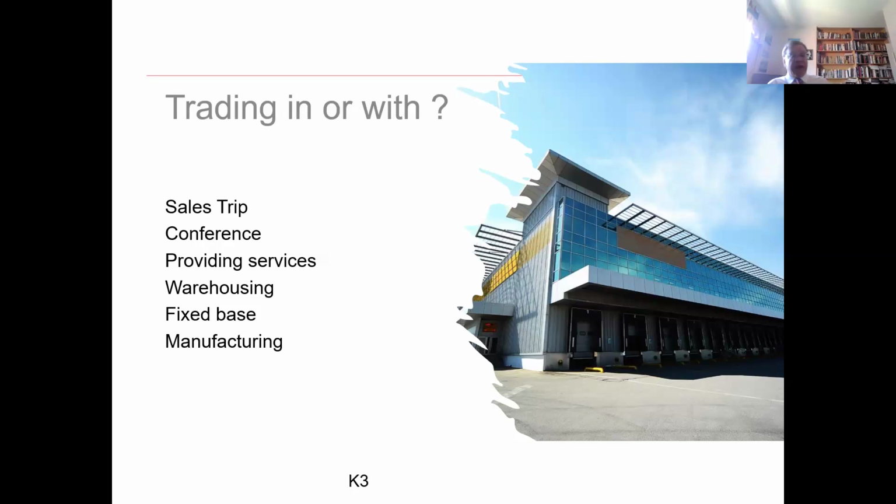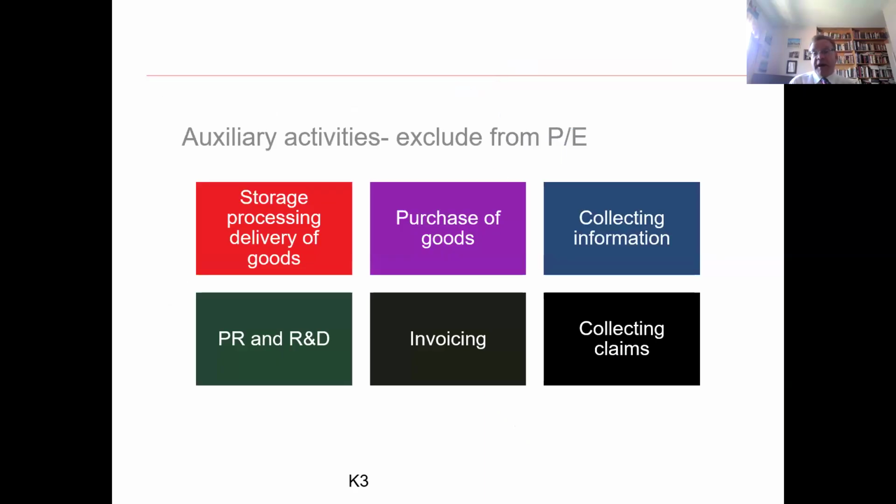And therefore, a fixed base, manufacturing and some services could create a permanent establishment. What is normally excluded from permanent establishment would be storage and processing, delivery of goods. That has to be your own goods, because if you're doing it for somebody else, that is your main business, and that would not exclude from a permanent establishment.